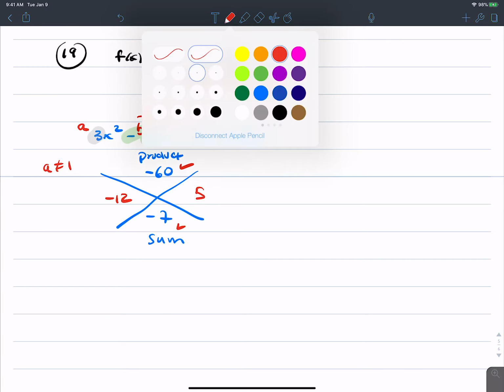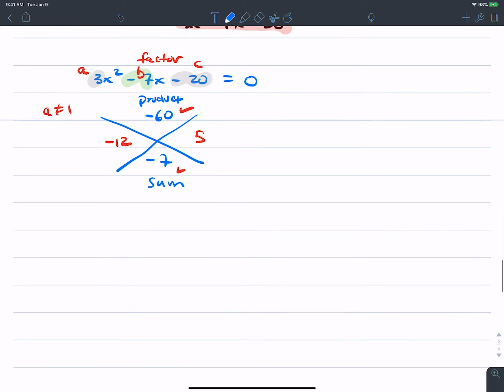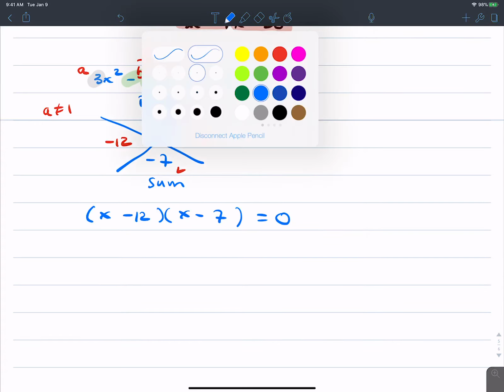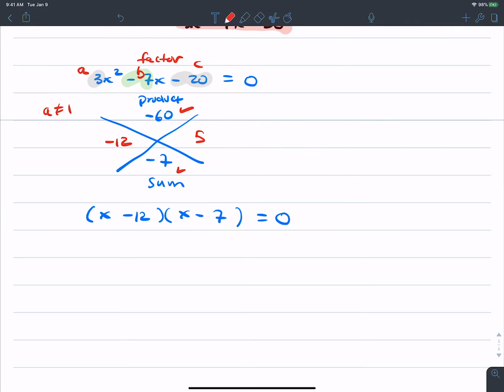So we can factor here. And we'll use the same process. Let's remember here, this is going to be x minus 12, x minus 7 equals 0. But let's be careful here, because a here is 3. So we have to divide this term by 3 and this term by 3. Now we notice 12 divided by 3 does give us a whole number.